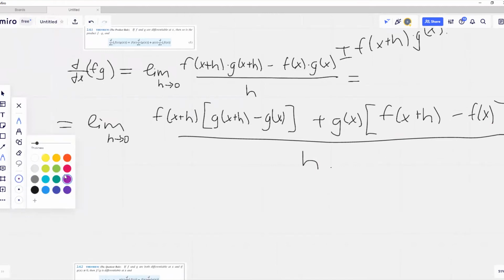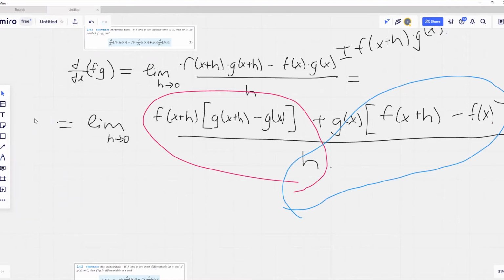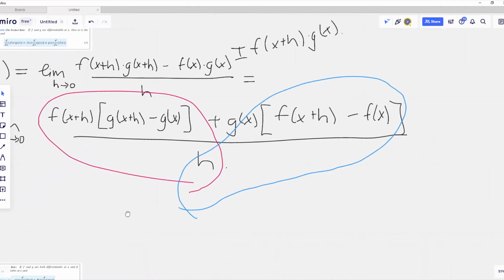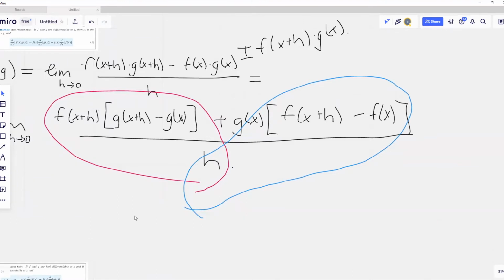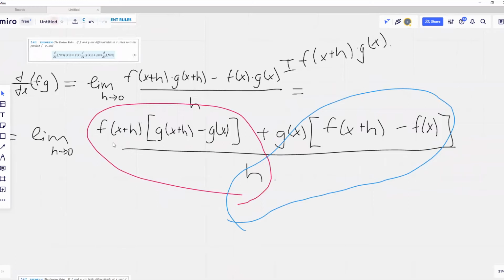Now let's pay closer attention to the following fractions. This one and the second one are the following fractions in blue. Okay, so what we can see here is that if we look at the ratio of the difference that we have in these square brackets over h, when the limit is approaching h to 0, this is exactly the limit definition of the derivative of g multiplied by f at point x plus h.